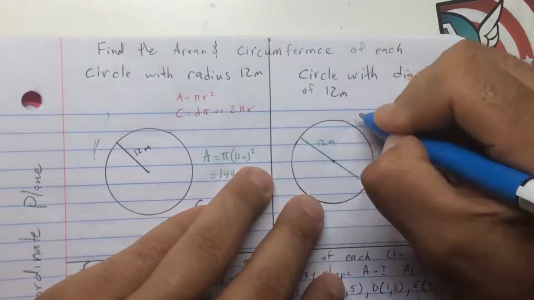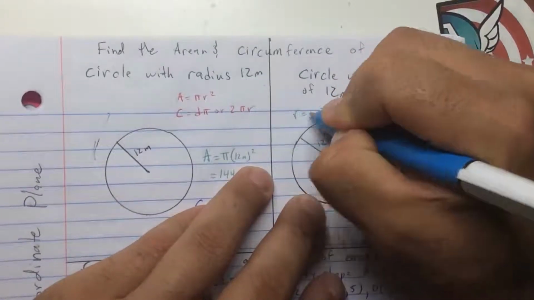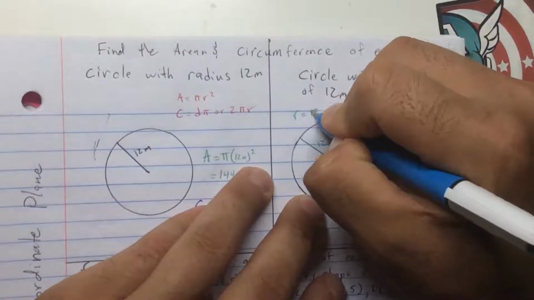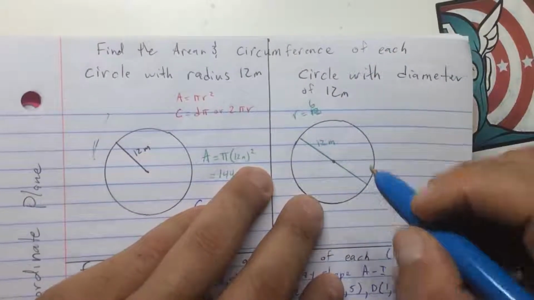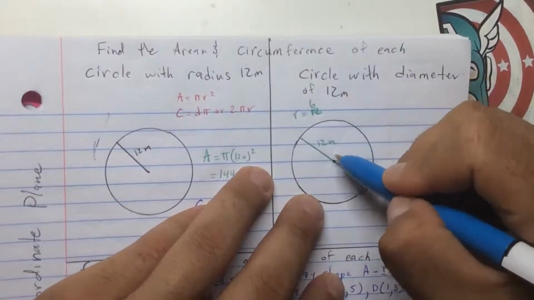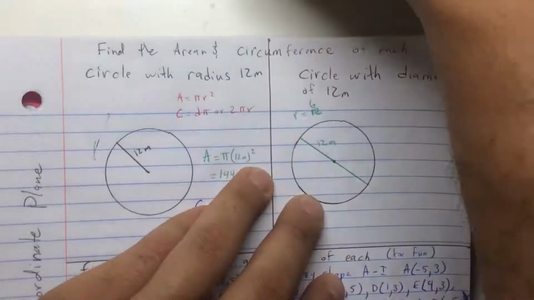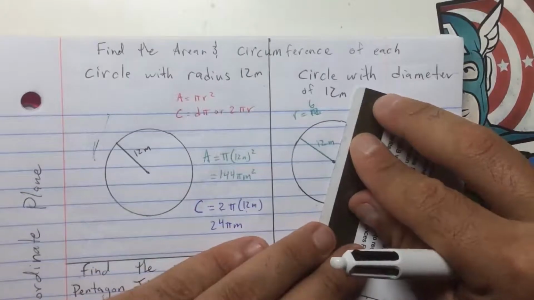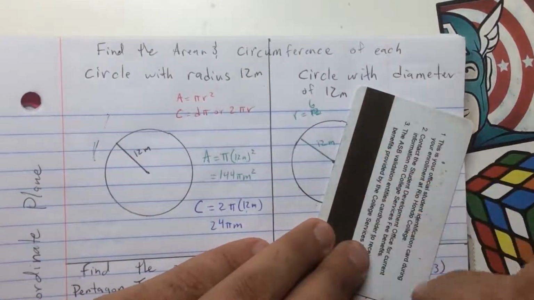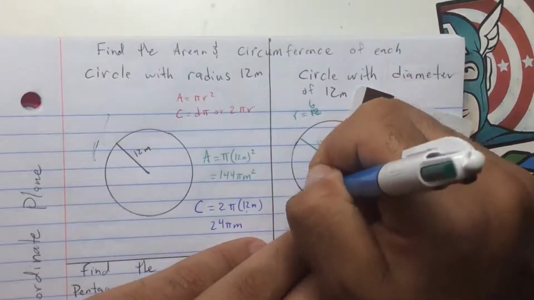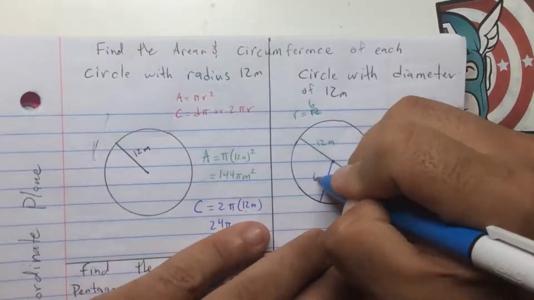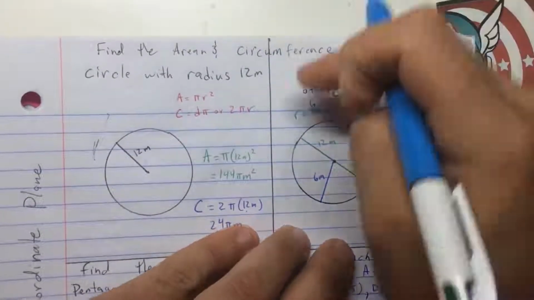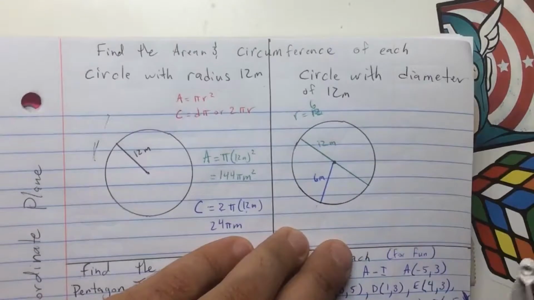So the diameter is 12, and half of that is going to be 6. Let's rewrite another line here, in blue, and we know that this is 6 meters. Now we have our diameter and our radius.